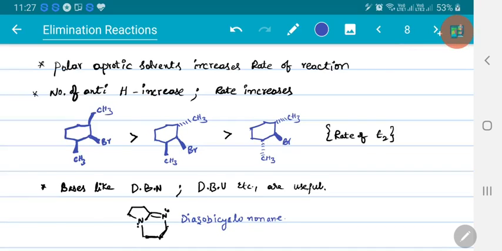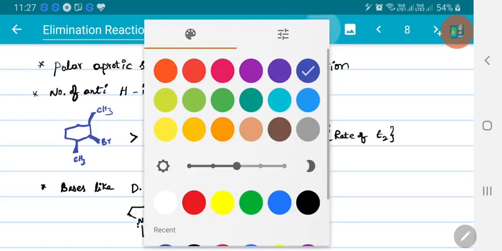So generally the Saytzeff product will be the major product. Hofmann, that is the least substituted alkene, is the minor product. And remember, in some situations there is a possibility for the Hofmann product. So let me check those conditions also.